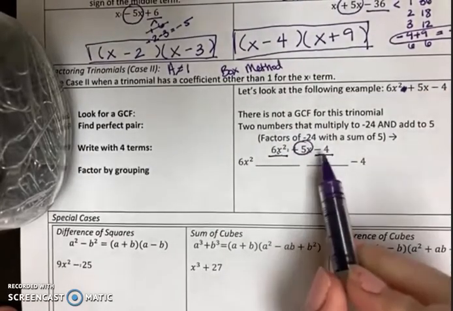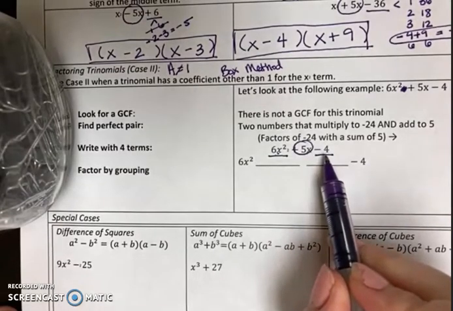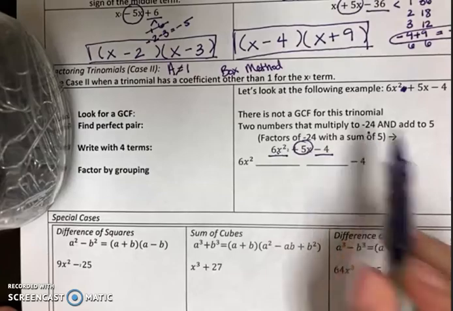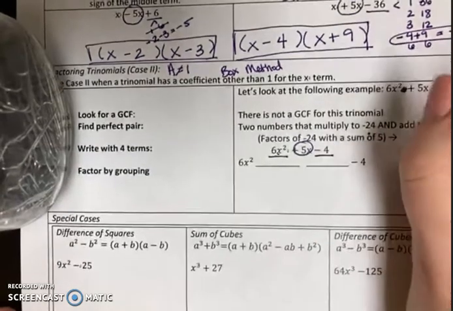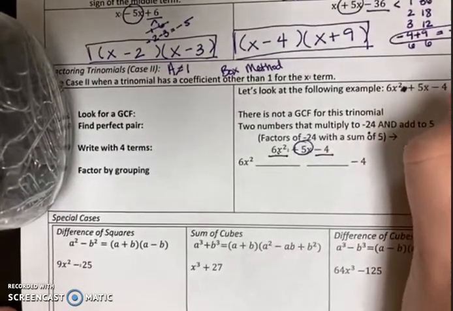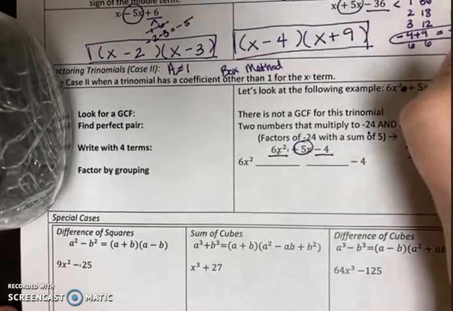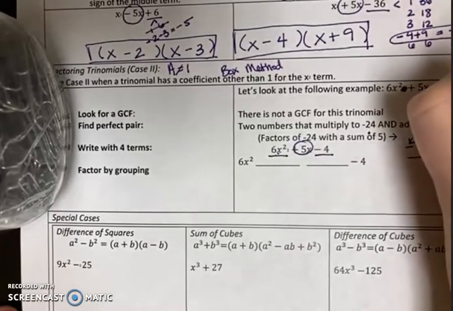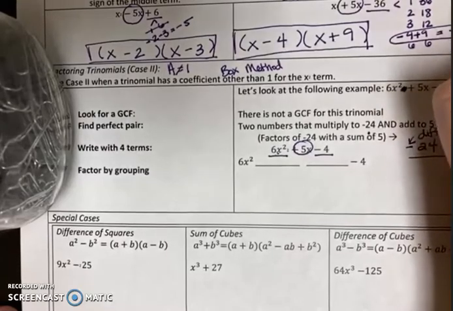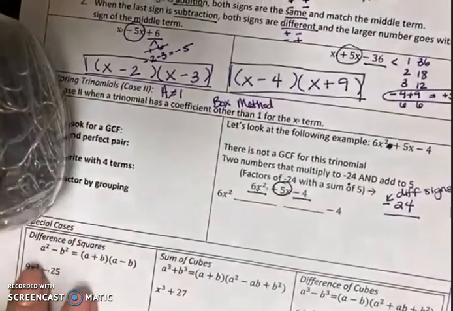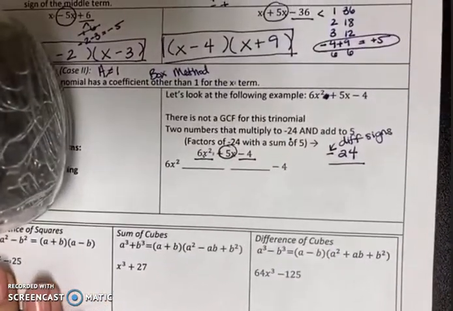So the first and last term being multiplied together is negative 24. So I'm going to look at the factors of negative 24. It is important that that's negative because remember, if it's negative, that means we're going to be using different signs.